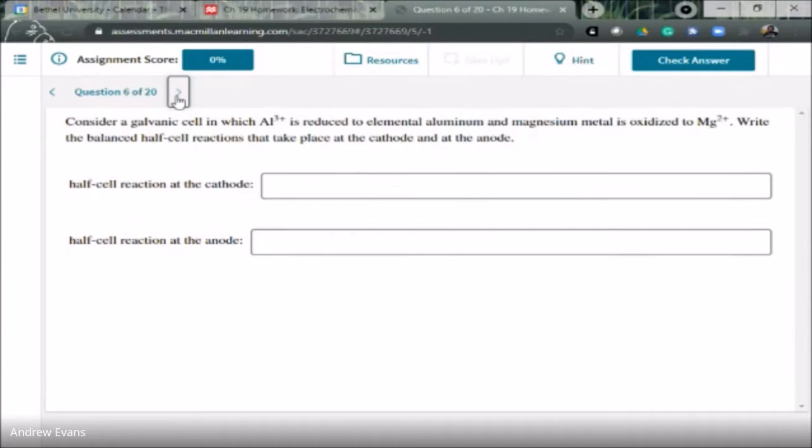Okay, don't forget, cathode is where the reduction occurs. The anode is where the oxidation occurs. Considering the galvanic cells always occur in a spontaneous way, you always have a positive cell potential, and they should always be written anode to cathode.